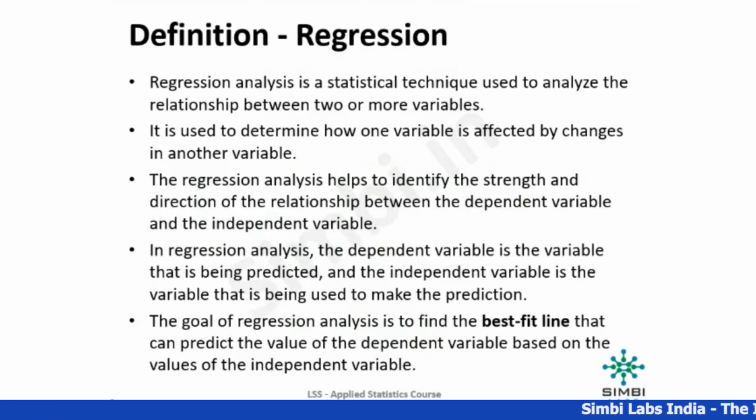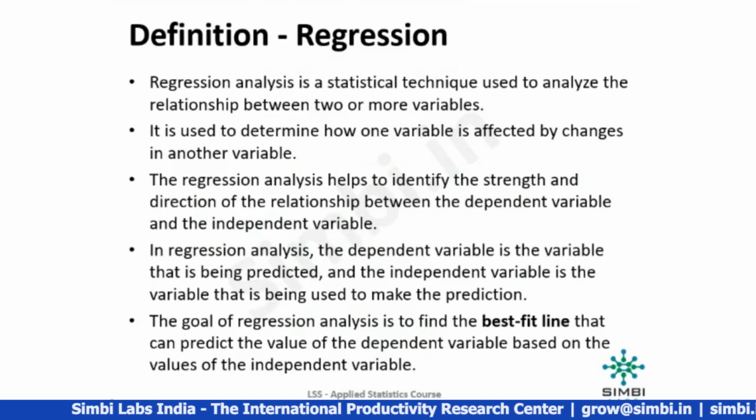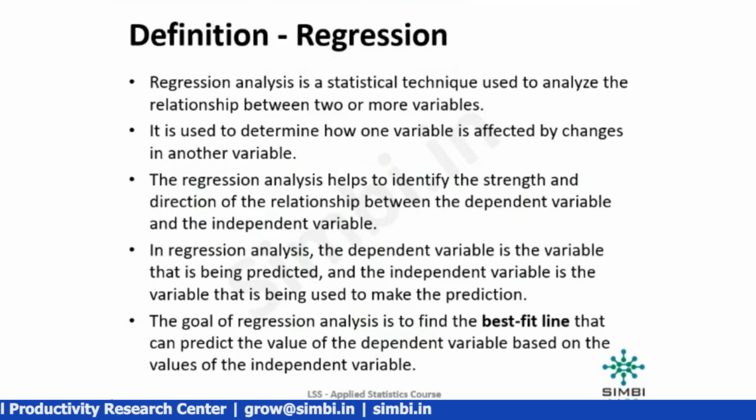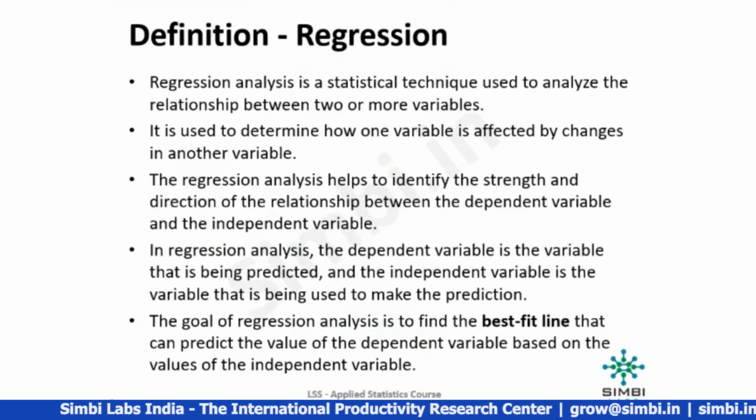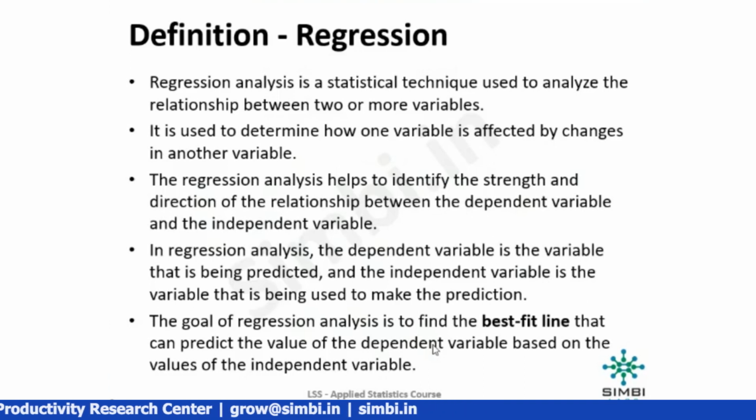In our earlier classes, I had already explained one example with the dependent variable of salary, and independent variables like the age of that person, his educational level, and the working hours he worked. So these are all independent variables, and the salary is the dependent variable. When for one dependent variable there are two or more independent variables, we can say it is a multiple linear regression analysis. So that is the meaning of multiple linear regression.